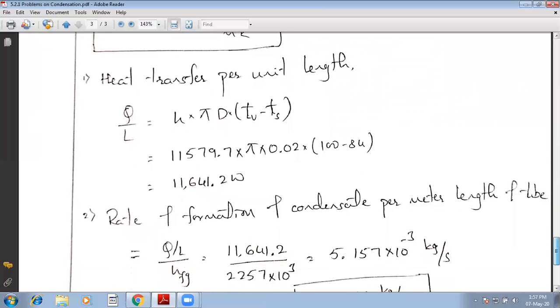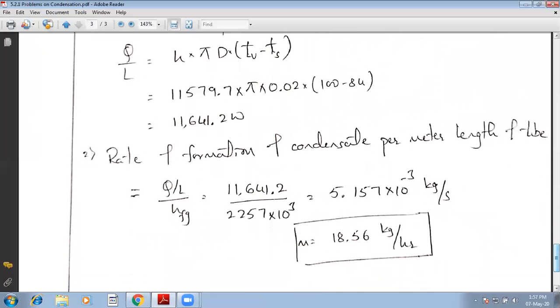And the question he has asked is the condensate. You just need to divide the heat transfer per unit length by the latent heat.